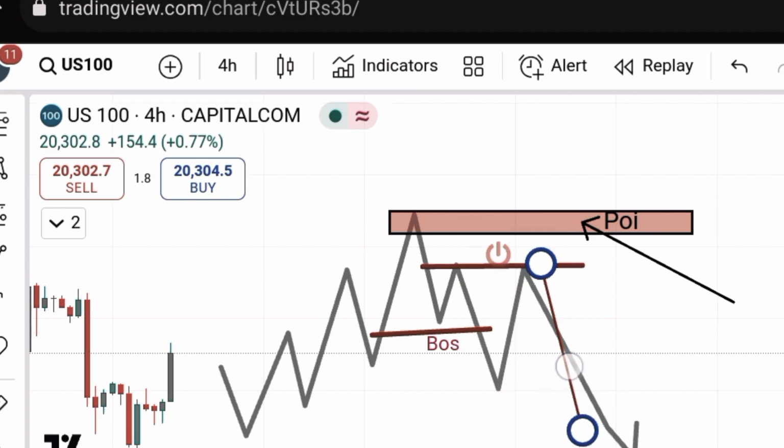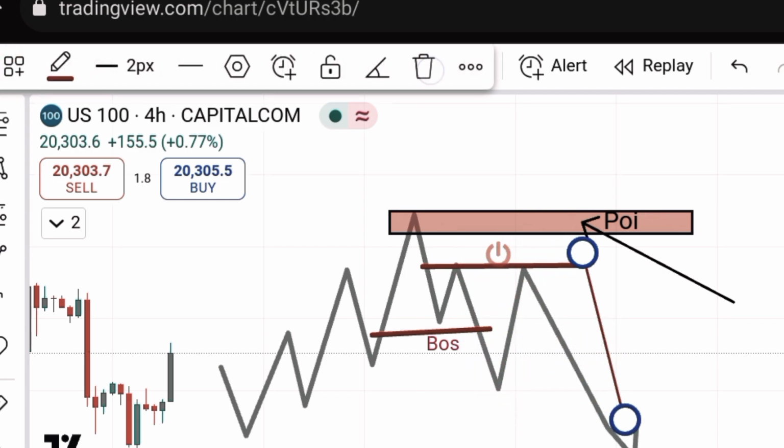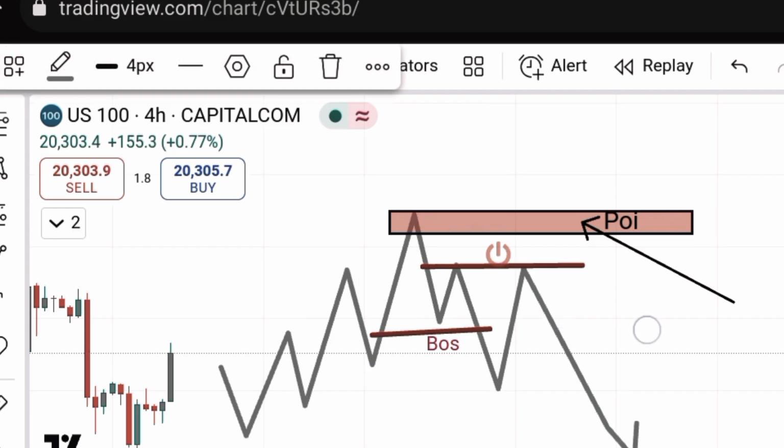So out of this point, the market is seeking liquidity for it to be able to move and make their profit. That is what the market maker does. They are looking for where liquidity lies for them to take it out and then go in their direction. So this is what happened around this zone, as you can see. So let me show you what the market will eventually do.